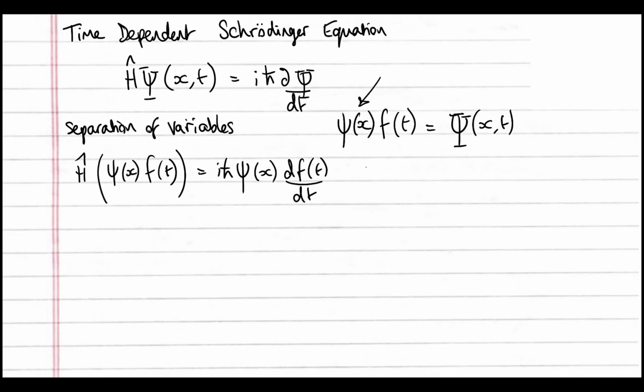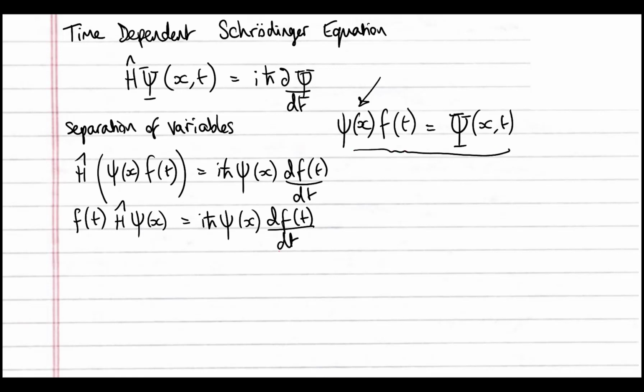of course the Hamiltonian operator also doesn't have an operator associated with time in there. So let's pull out the function of time. Next, we're going to divide by the full function, and we therefore get 1 over psi of x.